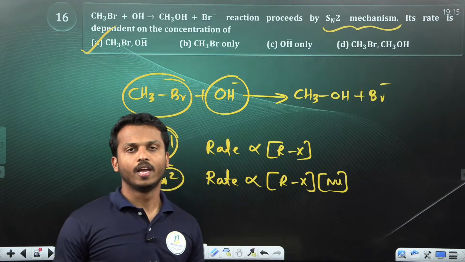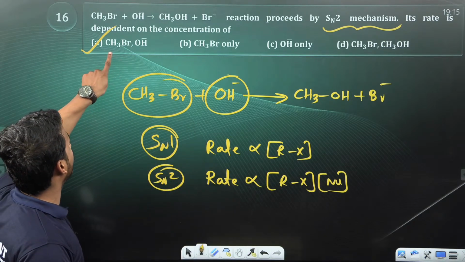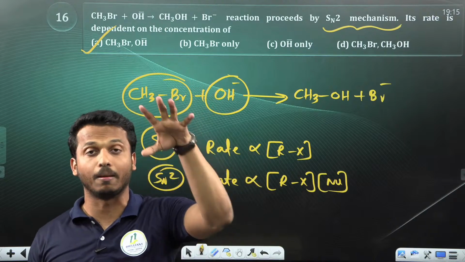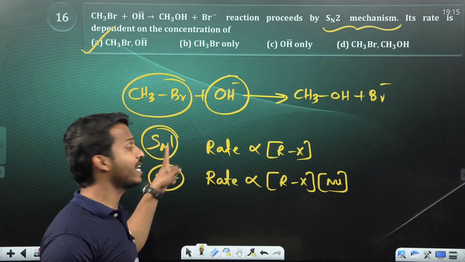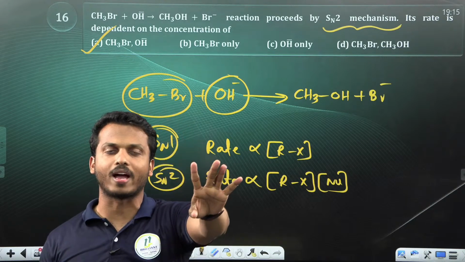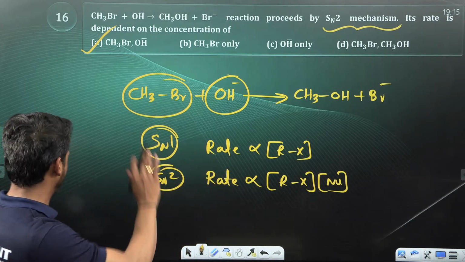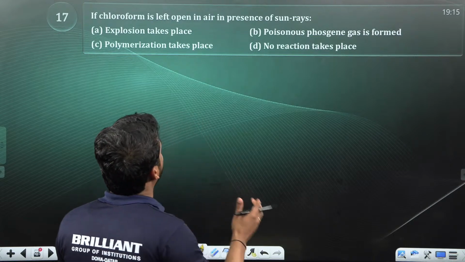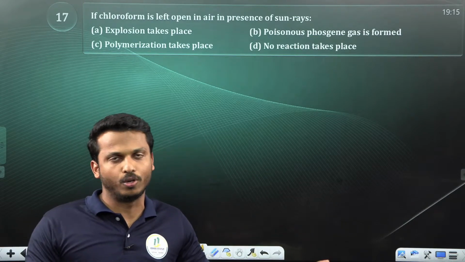SN2 mechanism means both haloalkane and the nucleophile concentration is important. Whereas if SN1 mechanism, if they are asking where haloalkane is the only factor, we consider the rate.